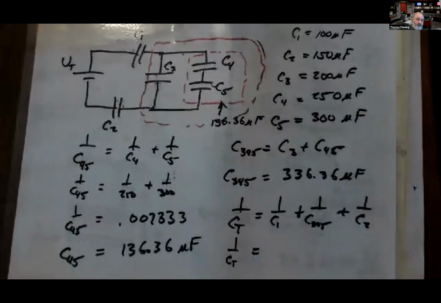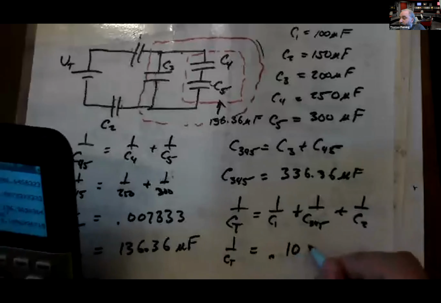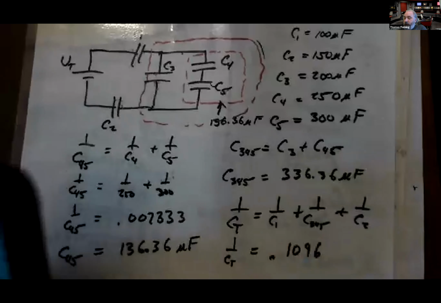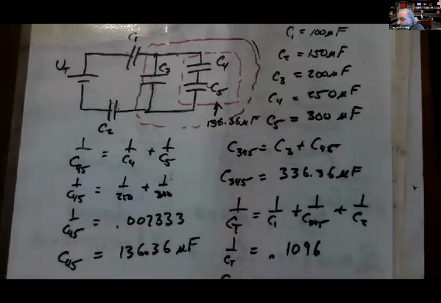So 100 plus 50 plus... So together, that's 0.1096, we'll call it. And when I take the reciprocal of that, I get 9.